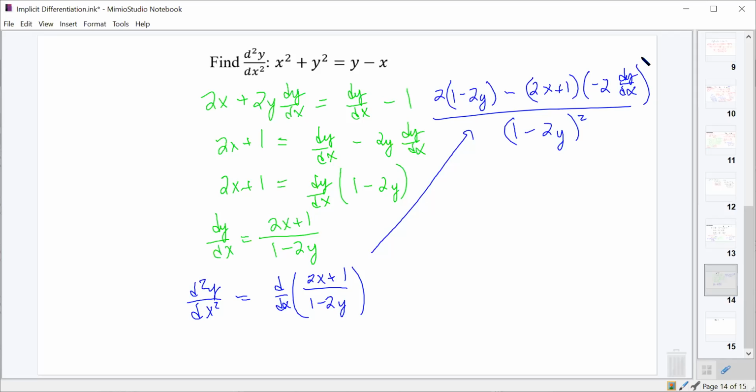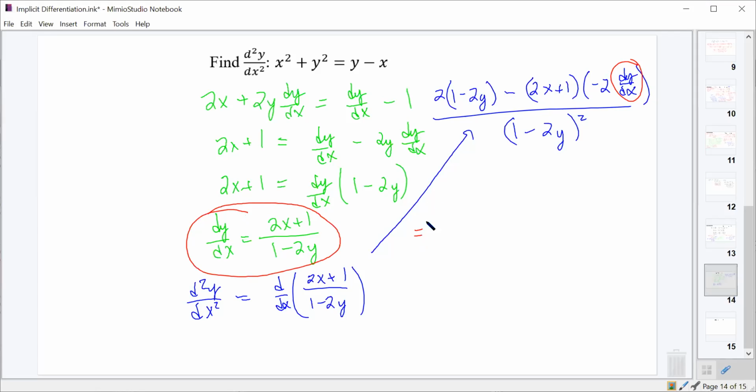Okay, cool. So this looks like a good answer, but it's not, because we don't want to ever have a dy dx in our final answer for the derivative. So how can I replace this dy dx? It's the derivative I already found. Exactly.